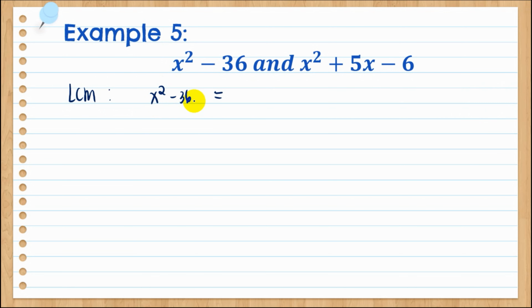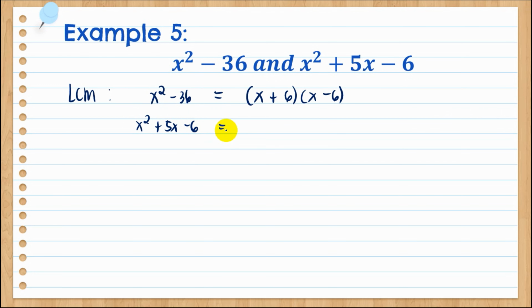Kasi meron tayong x squared, meron tayong 36, pareho silang may square root, and difference siya. So, ibig sabihin, this binomial is an example of difference of two squares. The factors will be square root of the first term, square root of the second term, and then isang plus at isang minus.